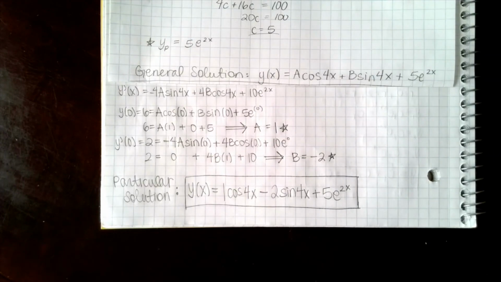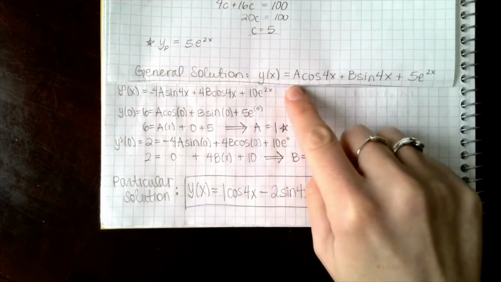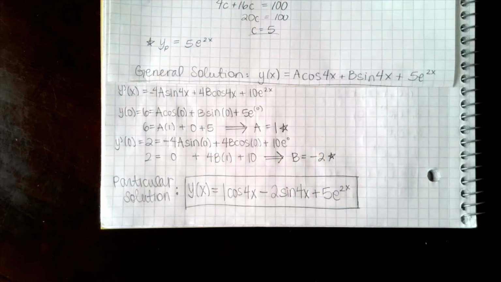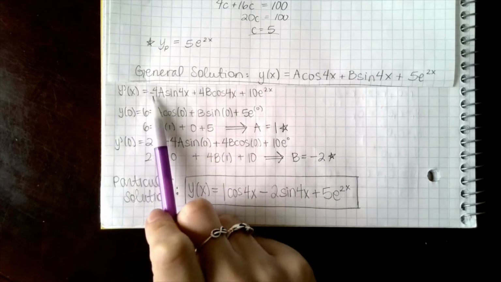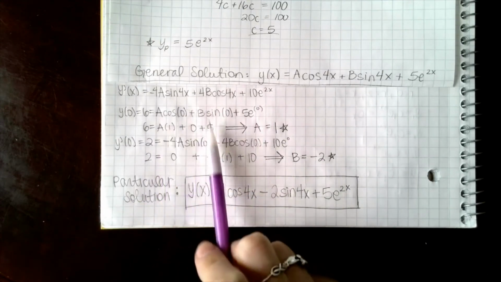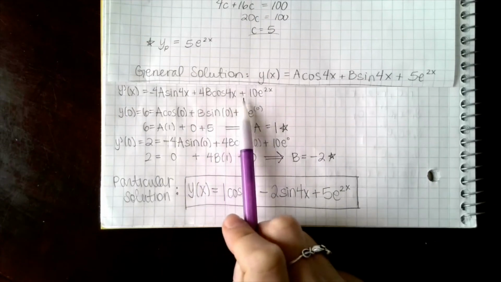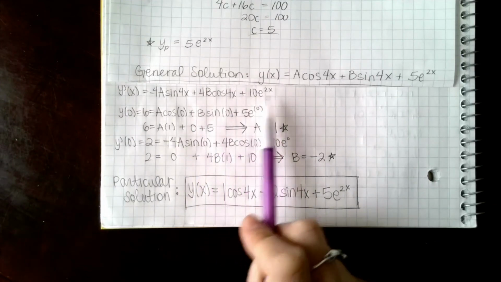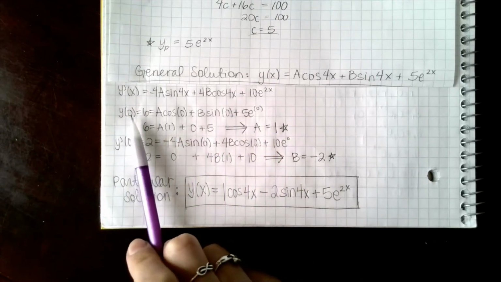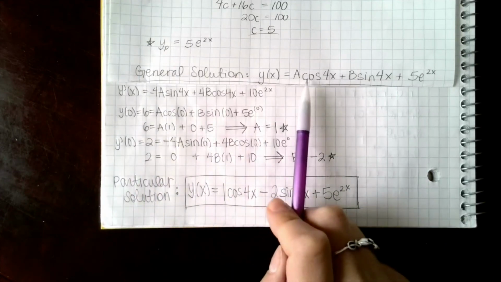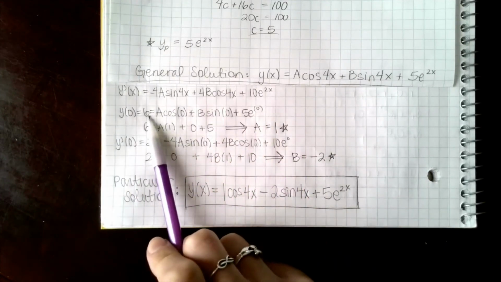Okay, so I went ahead and solved this, and I found that if y of x is a cosine 4x plus b sine 4x plus 5e to the 2x, then my y prime is negative 4a sine 4x plus 4b cosine 4x plus 10e to the 2x. I plugged in 0 for x in my original equation, and I set that equal to 6.